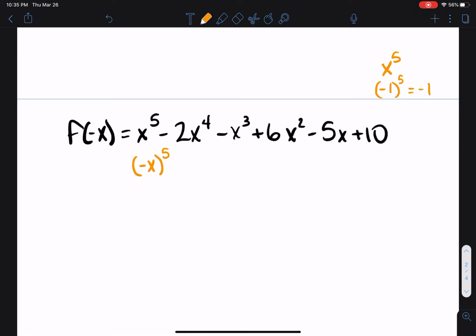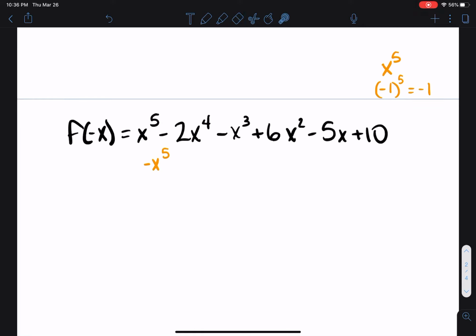Okay, so if we throw negative x into x to the 5th right here, we know that it's still going to be negative x to the 5th. So I don't really need these parentheses. Negative x to the 5th is what this is going to be.